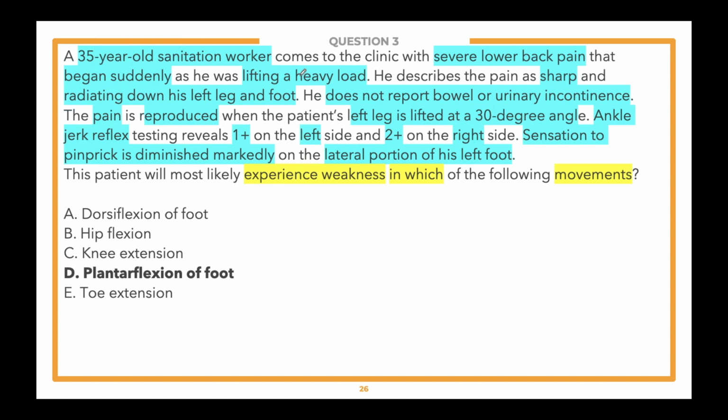Answer choice B, hip flexion. This would not be expected because that's, as we saw in those dermatomes, a much different level of dermatome, a little too high from what we're dealing with. And then lastly, as we talked about, dorsiflexion of the foot has to do more with an L5 radiculopathy. So it's important to know your dermatomes, and it's important to know what muscle groups would also be affected, as you saw here in this pretty good question.